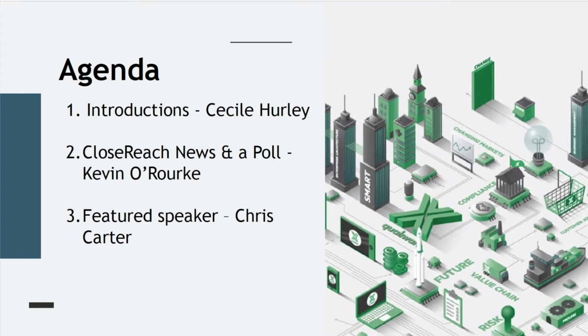So bear with me for a moment. My question is, should we pause the user group meetings until September? You should have at the bottom of your screen the section where the polls are, and you get to vote.